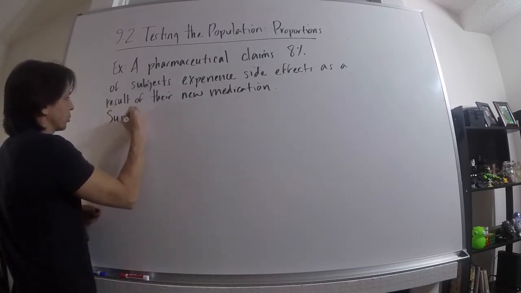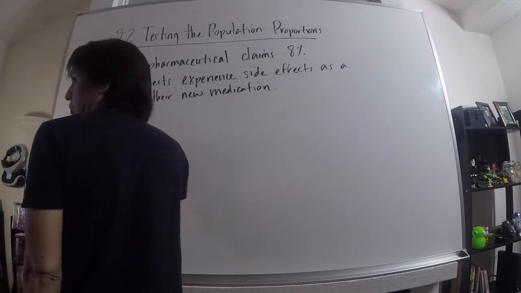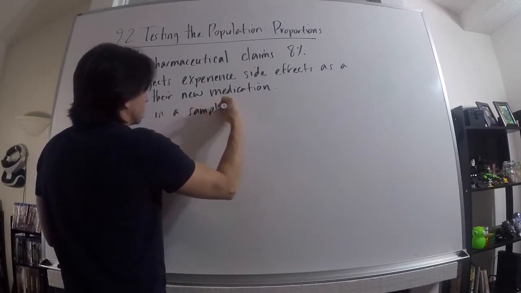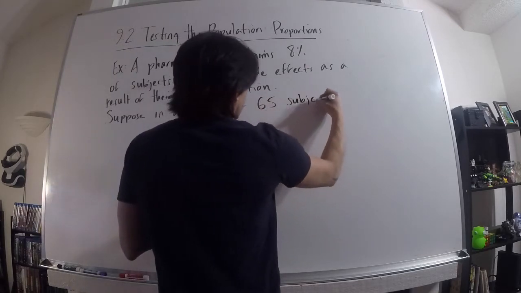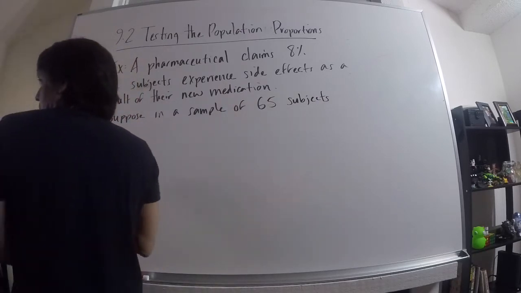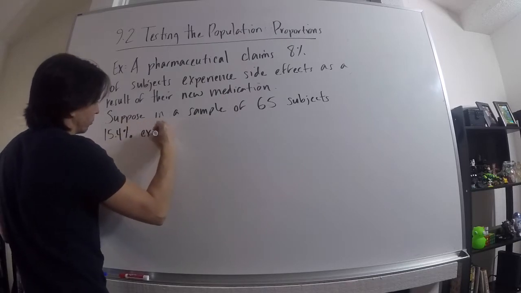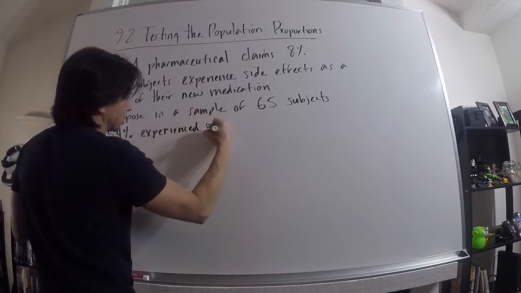If we want to test this, we just take a sample of their patients taking that new medication, figure out who's experiencing side effects compared to that 8%. Suppose in a sample of 65 subjects taking that new medication, 15.4% experienced side effects.